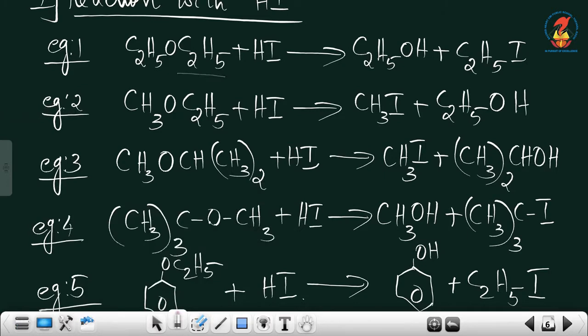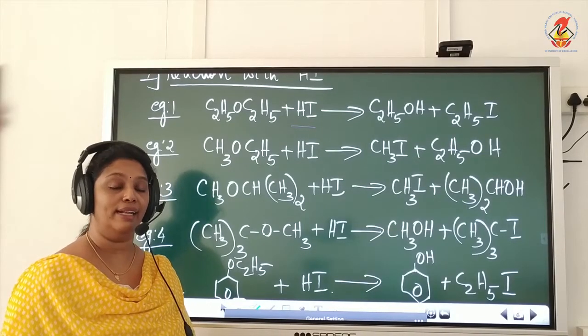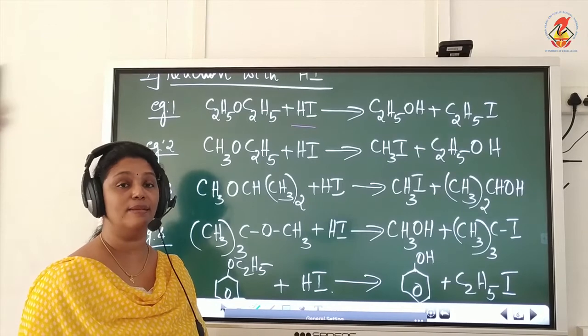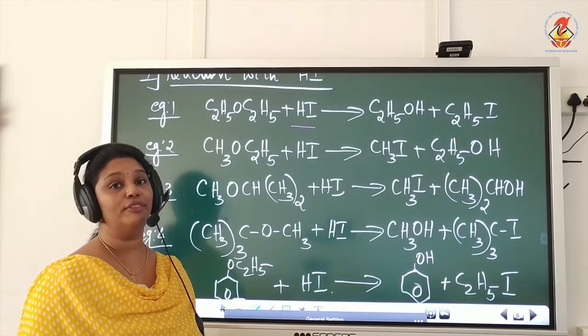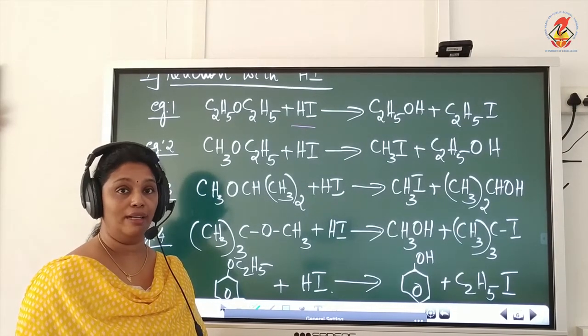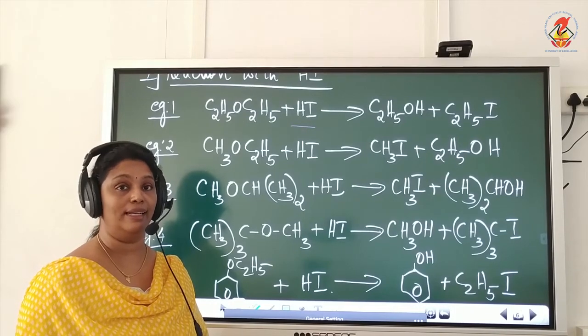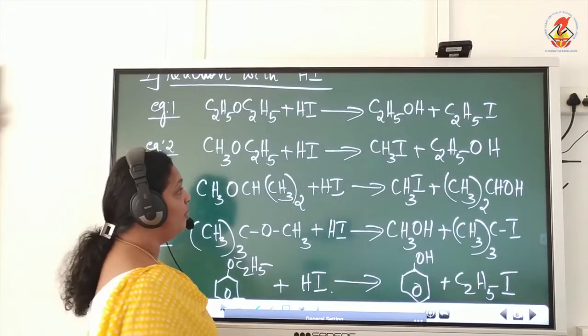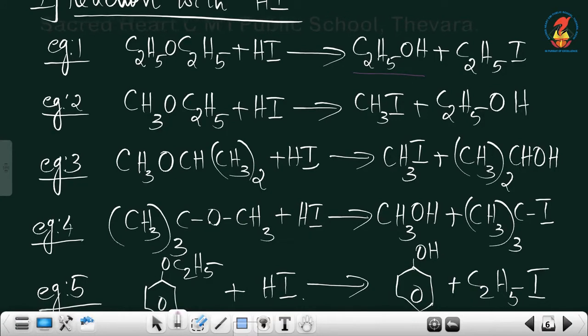When this reacts with HI, we get the product as alcohol and alkyl halide. Since this is a symmetrical ether, any one of the alkyl groups can go as alcohol and the other will go as alkyl halide. So, the product formed is C2H5OH alcohol plus one alkyl group will go as alkyl iodide, C2H5I.